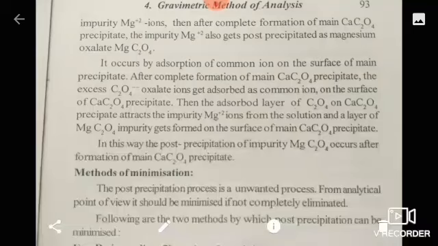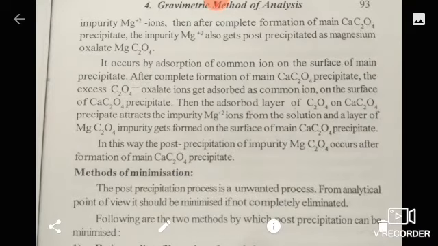Then the adsorbed layer of C2O4 on the CaC2O4 precipitate attracts the impurities of Mg+2 ion from the solution, and a layer of MgC2O4 impurities gets formed on the surface of the main calcium oxalate precipitate. This way the post precipitation of impurity, that is magnesium oxalate, occurs after the formation of the main calcium oxalate precipitate.